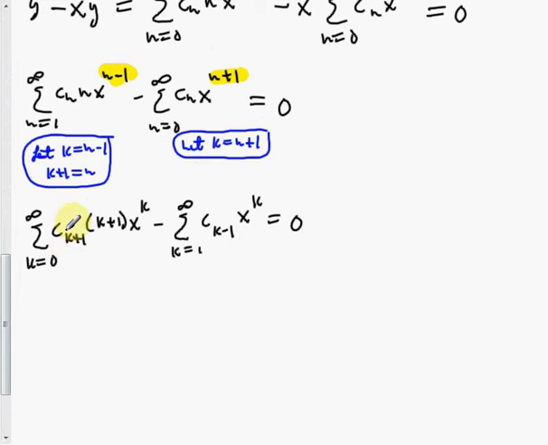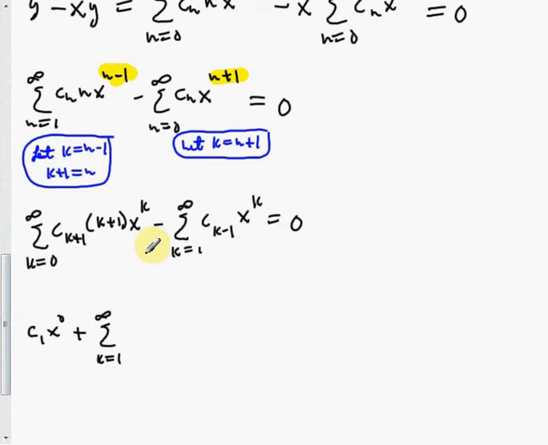So we're going to evaluate the first summation at k equal to 0. When we do that, we have c sub 0 plus 1, which is c sub 1. If k is 0, then we have x to the 0. And so now we say plus the summation as k goes from 1 to infinity.